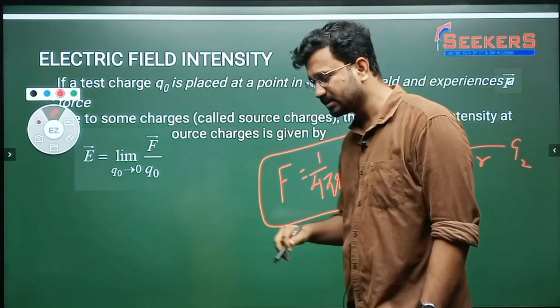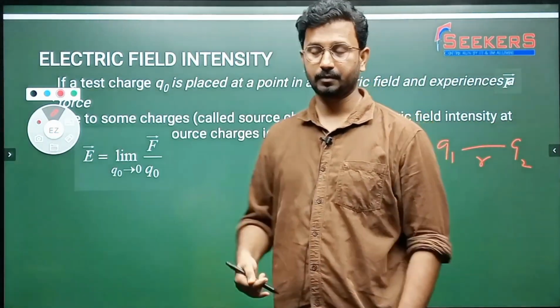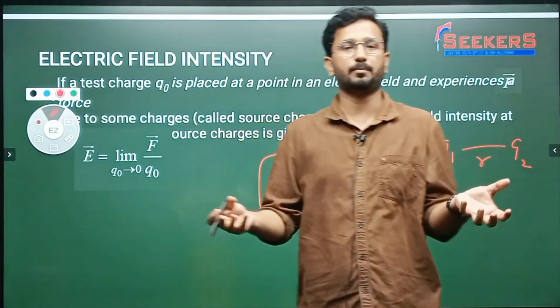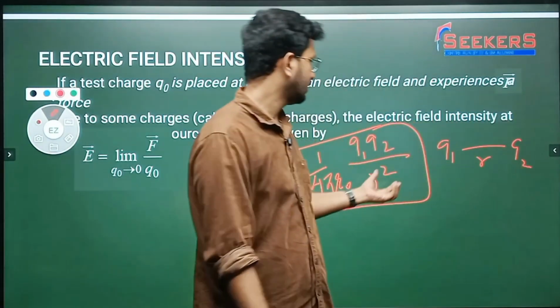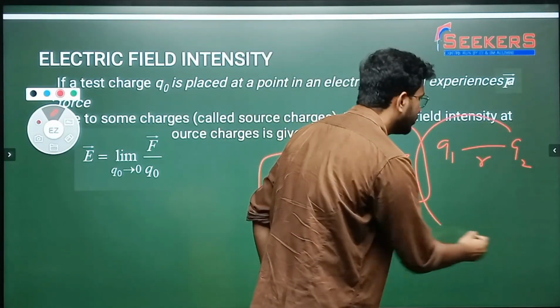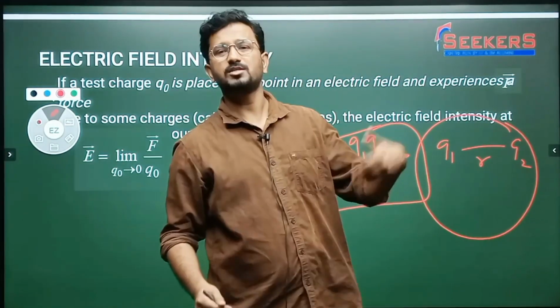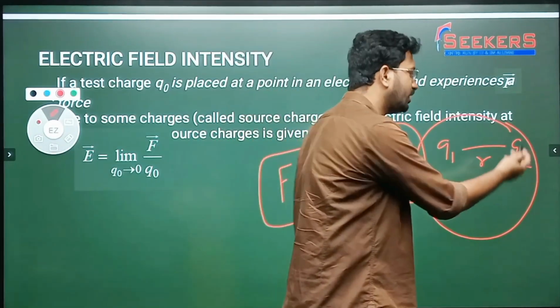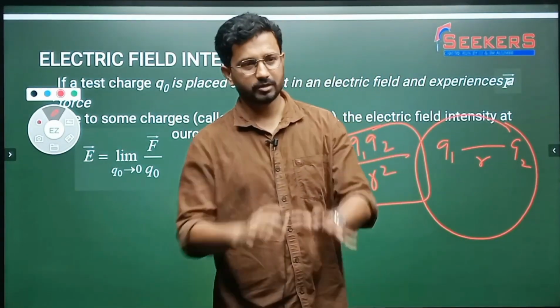So how did this force come? I just told you it comes from a two-step process. You take the charge Q1 and the charge Q2. The charge Q1 will create an electric field around it, and as soon as you keep the charge Q2 in its field, it will experience force. So that was electric field.